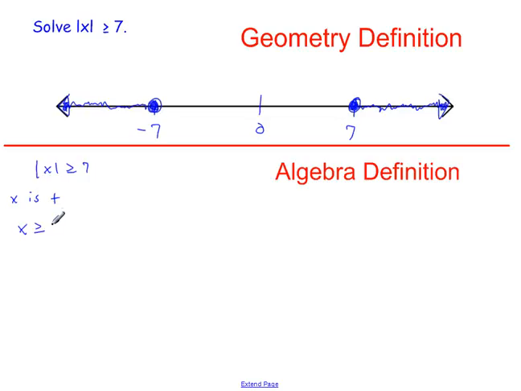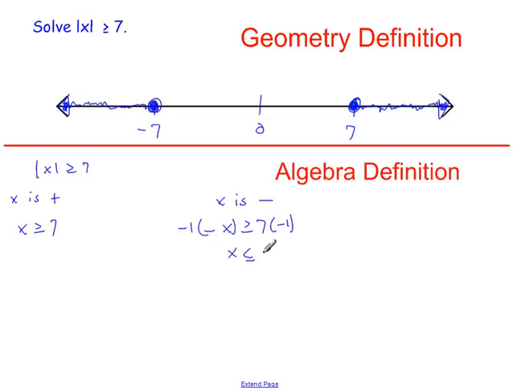What about if x is negative? If x is negative, then we want the opposite of x is greater than or equal to 7. We don't have to solve this equation or inequality because it's already solved. We multiply both sides of this one by -1. We multiplied by a negative, so we have to switch the direction of the sign. We get x is less than or equal to -7.